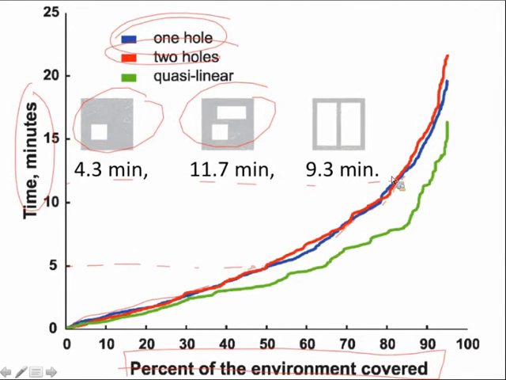But notice to get the correct topology, we only needed 4.3 minutes for this one. So for our blue 1 hole, we needed less than 50%, slightly more than 40% of the environment to be covered.